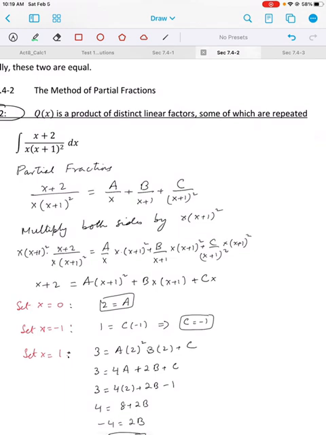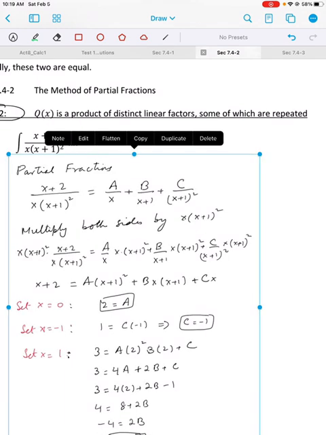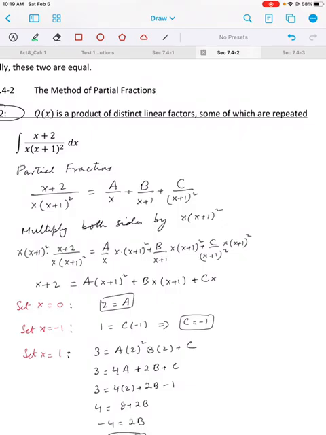We start with the expression given and we write it as A over x. x is one of the linear factors and it is not repeating, so it will only appear once in the denominator, plus B over x plus 1. Now we don't see x plus 1 by itself on the left hand side, but this is how we do the partial fractions whenever we have repeating factors.